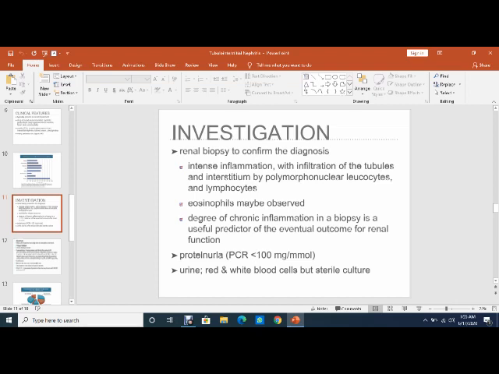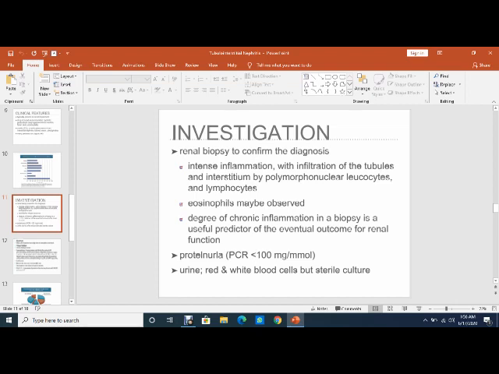Urine analysis shows isosthenuria, specific gravity the same, no active sediment, and eosinophils present in the urine. If you perform a renal biopsy, it shows intense inflammation and infiltration of the tubules and interstitium by polymorphonuclear leukocytes and lymphocytes. Eosinophils may be observed.